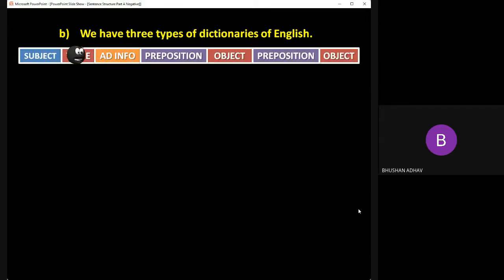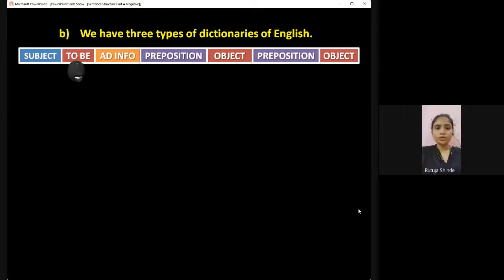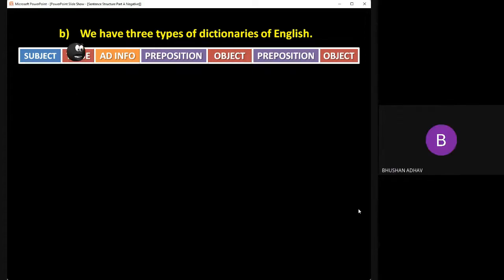Yes, Rutuja ma'am. Now, can you make this sentence into negative? Yes. We do not have three types of dictionaries of English. Yes. Now have. We haven't taken have not. Why we haven't taken have not? Because after have, there are three words. These three words are not a verb.